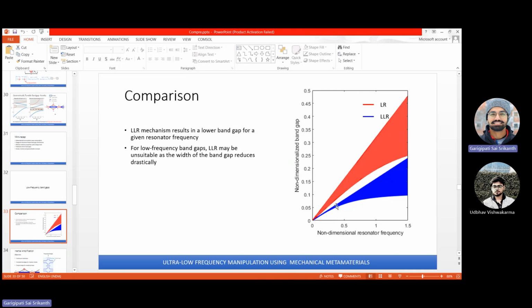That means if you were to obtain low frequency band gaps, but you want them to be broad, how do you do it?